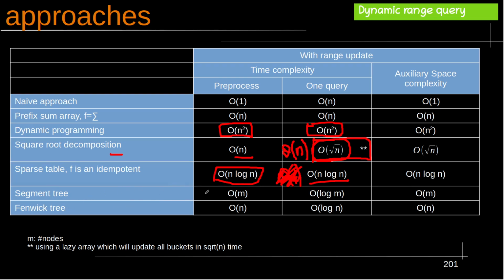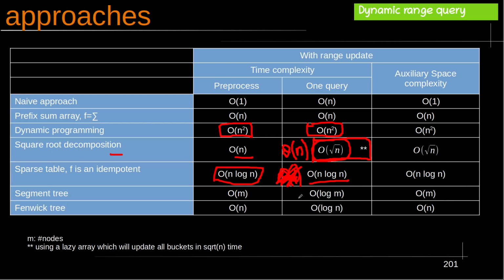We have seen also the segment tree. In a static range query, we have to pre-process in linear time, where m is the number of nodes on the tree. To answer one query, we need logarithmic time, log m, and the space complexity is linear also.